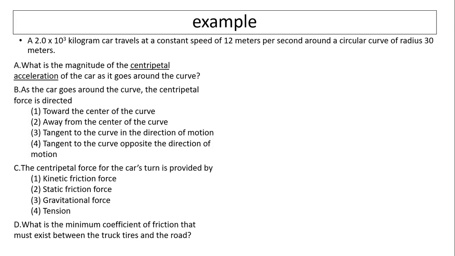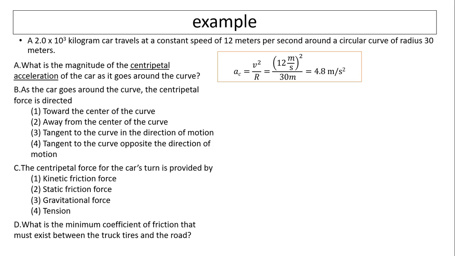A 2,000 kilogram car travels at a constant speed of 12 meters per second around a circular curve of radius 30 meters. Question A, what is the magnitude of centripetal acceleration of the car as it goes around the curve? Well, the equation a_c equals v squared over r, straightforward, we get 4.8 meters per second squared.